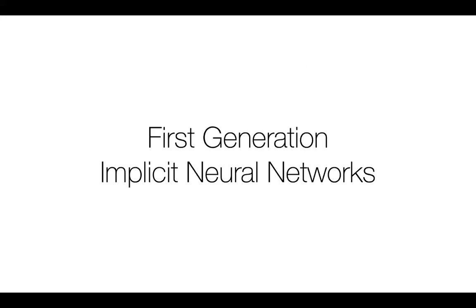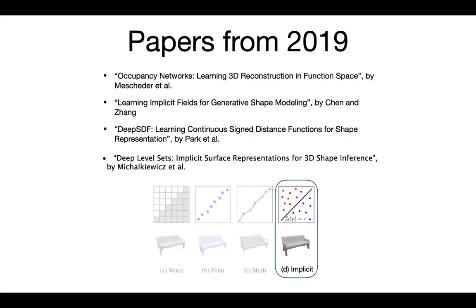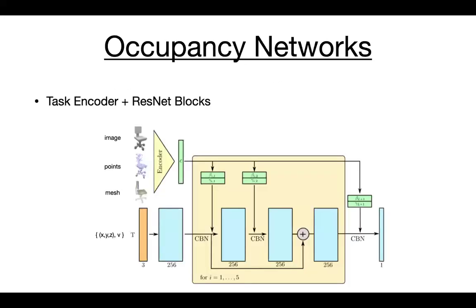Okay, so starting with the first generation models, these 4 papers from 2019 at CVPR introduced that to the community. The first one is Occupancy Networks. There's also Learning Implicit Fields for Generative Shape Modeling, DeepSDF, and DeepLevelSets. I'm going to discuss each of them in turn.